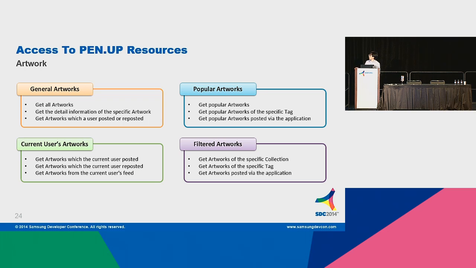So your application can get all artworks posted in PEN.UP or a specific user's artworks. And your application can obtain the artworks related to the current users, and your application can retrieve the popular artworks or artworks filtered by the specific conditions.